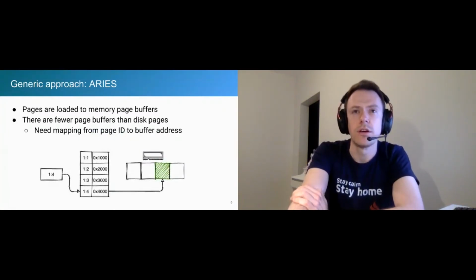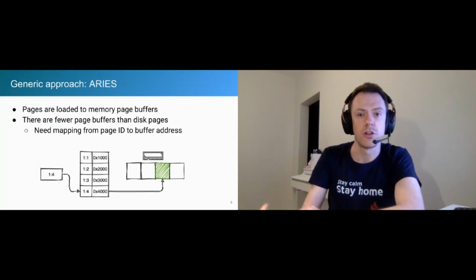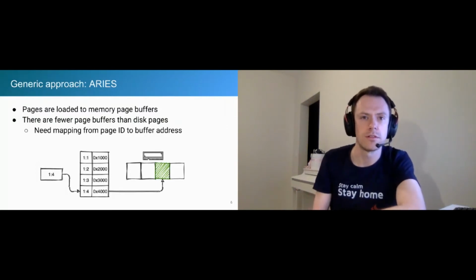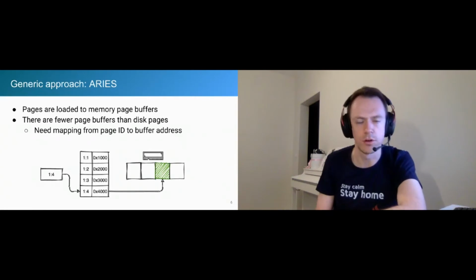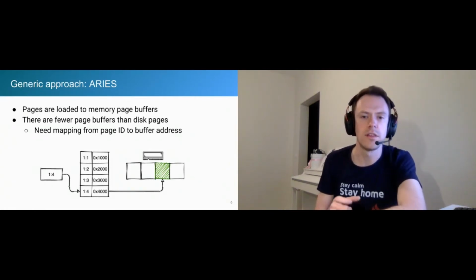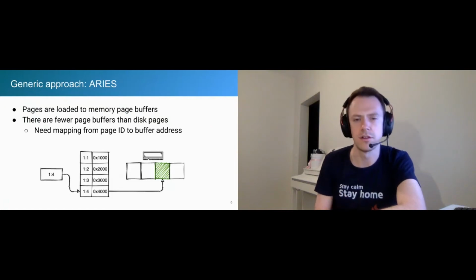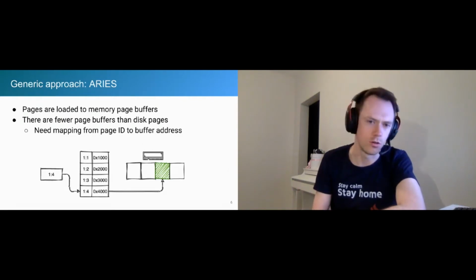Now, if we remember our initial goals, we want to store more data than there is memory available on each node. This means that the amount of memory and the number of page buffers available to the Ignite process is smaller than the number of pages stored on disk.